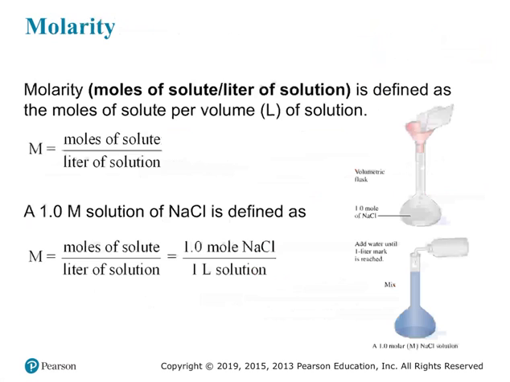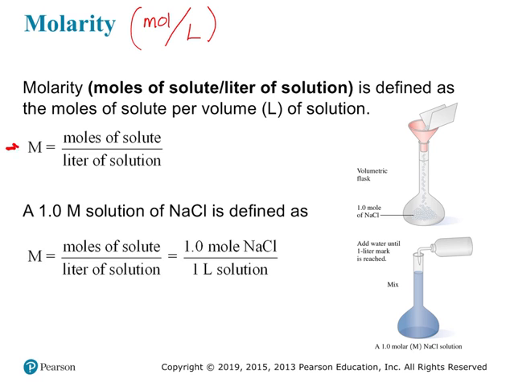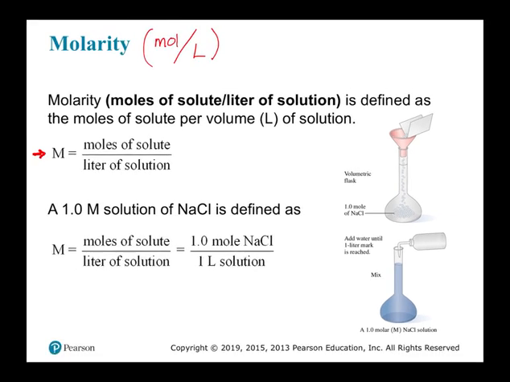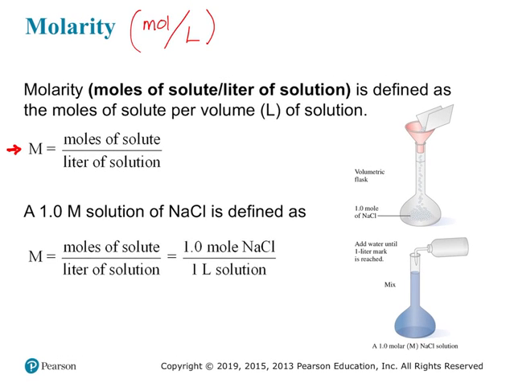So molarity is moles of solute over liters of solution. So those are the units there, and that's also shown down below. Molarity can also be abbreviated as just a capital M. So if you don't want to write out moles over liters, you can just write a capital M instead.